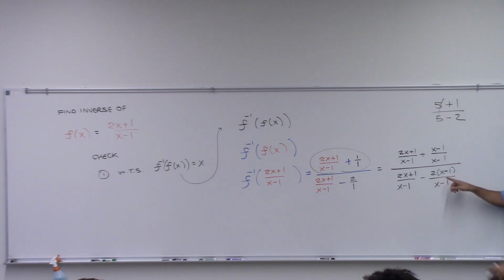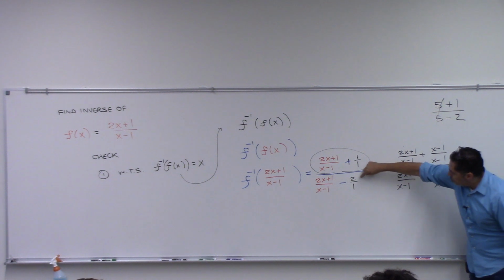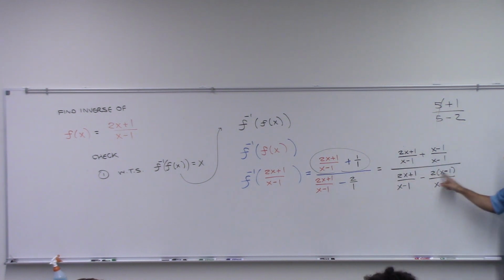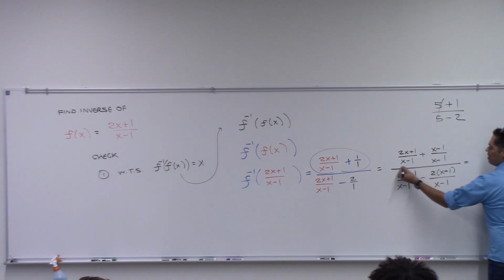I need parentheses on the 2 because I put an x minus 1 here and here. I have to have parentheses on the top next to the 2 because it just distributes through. All right, now I can put them together. Same denominator, right?